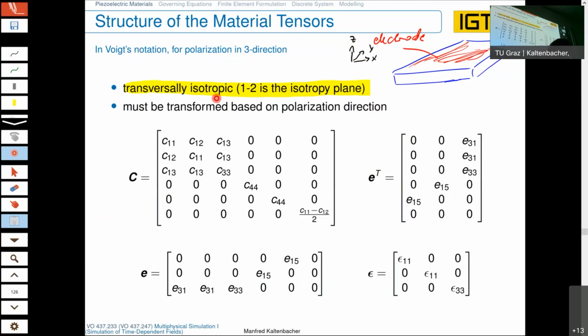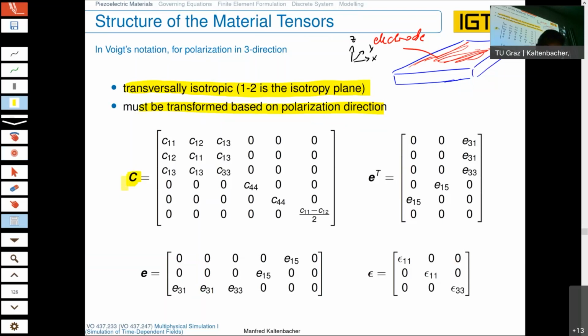And that also means when you have in your finite element model your piezoelectric actuator somehow aligned, that you have to transform the matrices or these material tensors in this direction in order to do correct computations. So what we see here is our stiffness tensor as we know it.